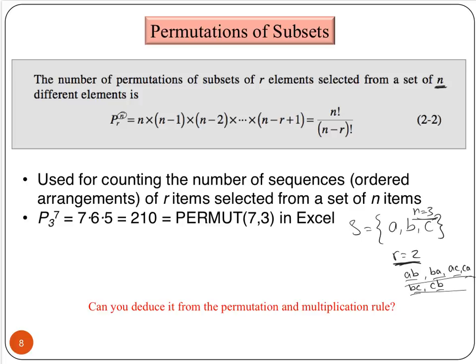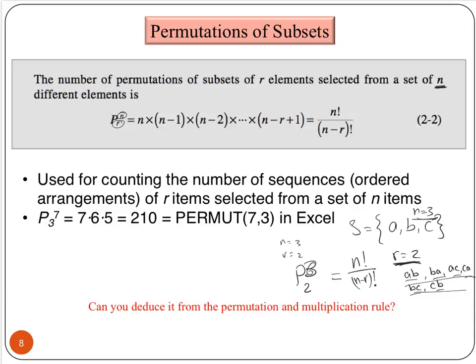So n is the number of elements, r is the number of choices that you are trying to choose, and in this example, n is equal to 3, r is equal to 2, so you have 3P2, which is equal to the factorial of n divided by the factorial of n minus r.